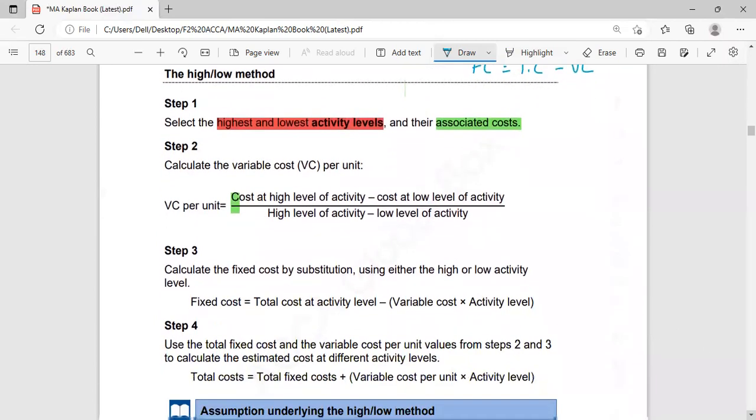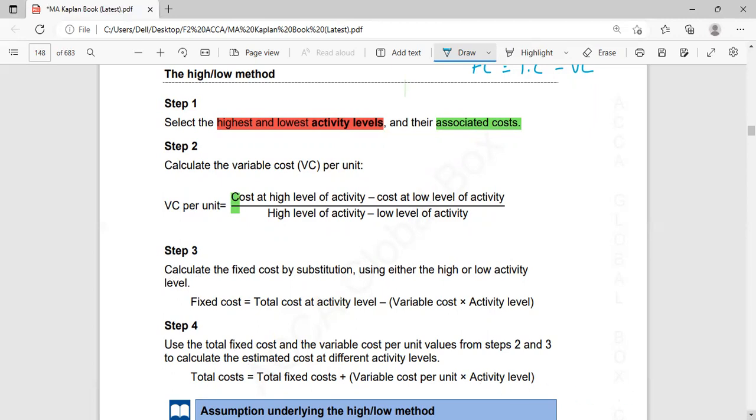And finally, when you get the fixed cost from step 3 and the variable cost from step 2, then you can calculate total cost at any level of activity by using the formula for total cost, that is total fixed cost plus variable cost per unit times level of activity. Clear?